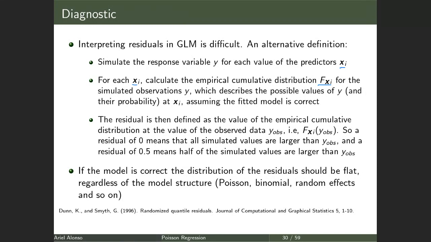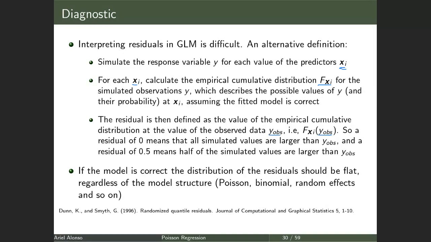All this is, of course, assuming that the model is correct. That's it. Now we can define the residuals. The residual is the value of the empirical cumulative distribution evaluated at the actual value you observe for xi. So for xi, you observe a certain value, let's call it y obs, you take this cumulative distribution and evaluate it at the observed value. And that's your residual.